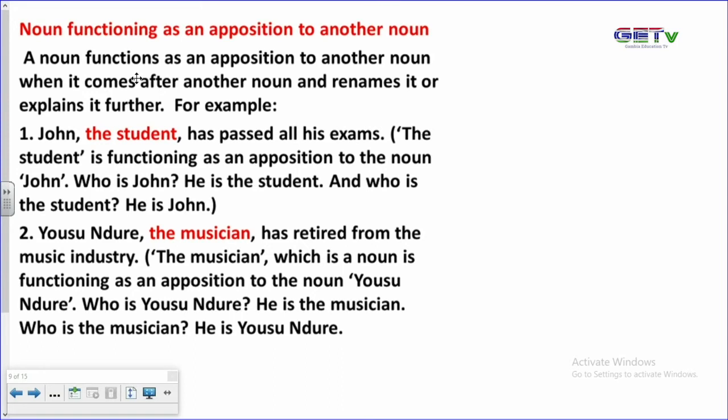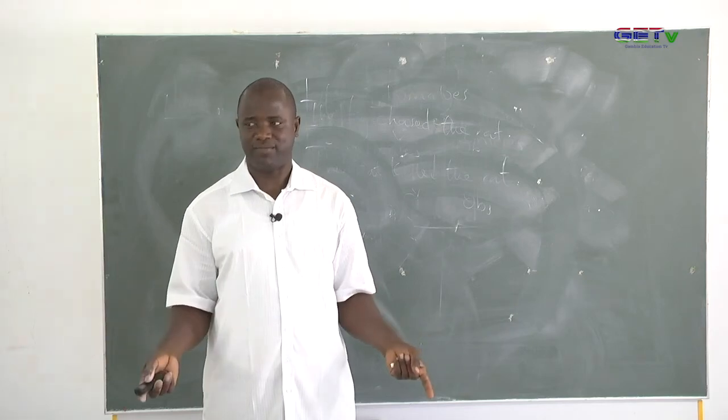So bringing in the student, of course, we're trying to rename or explain who John is. So we said John, the student, has passed all his exams. So without appositions, your sentence is also correct. You can say John has passed all his exams. Equally, you can say the student has passed all his exams.